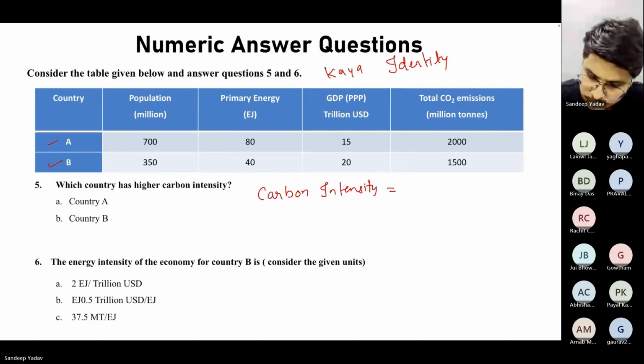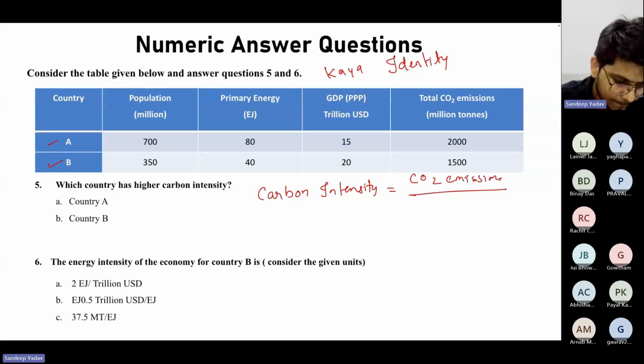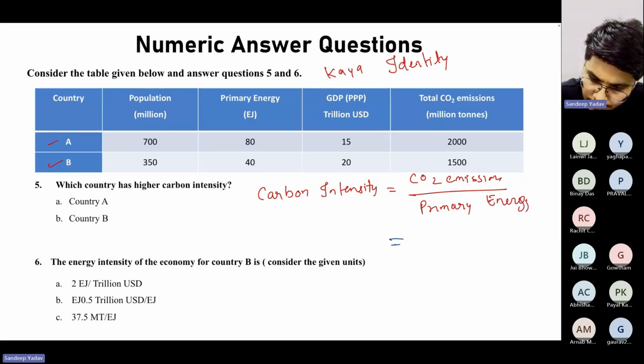So now let's see carbon intensity. Carbon intensity is CO2 emissions divided by primary energy. What is the CO2 emissions of country A? 2000.